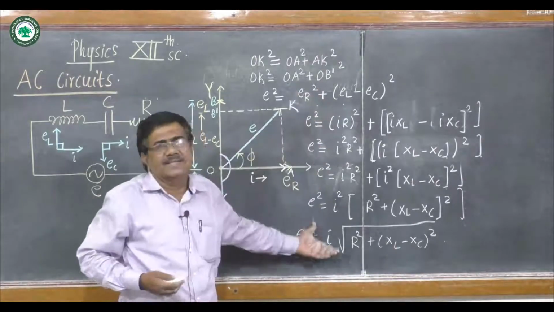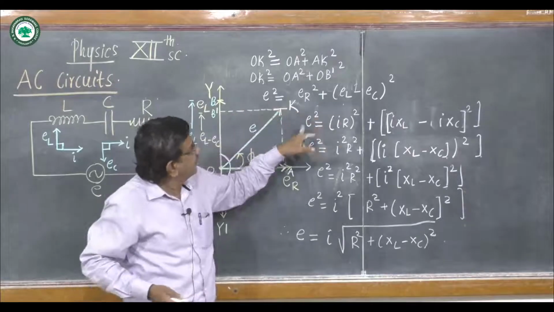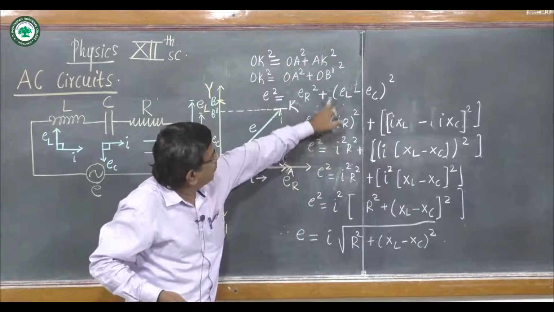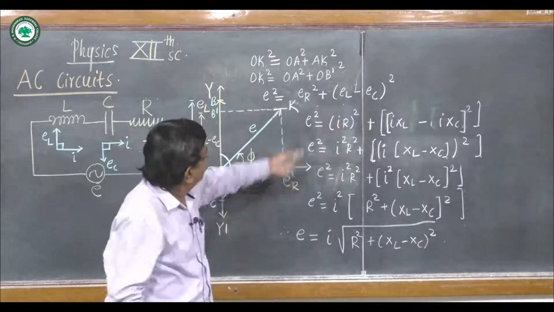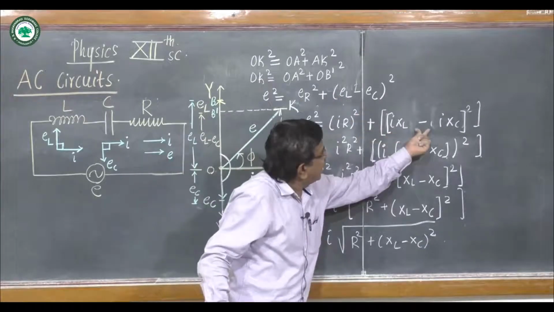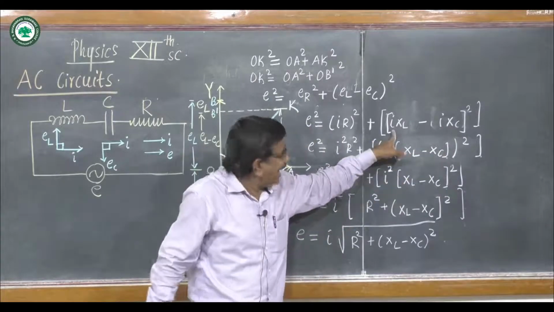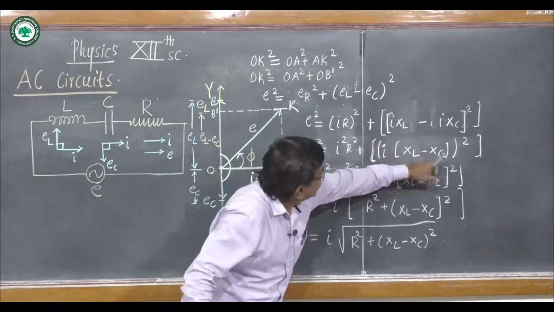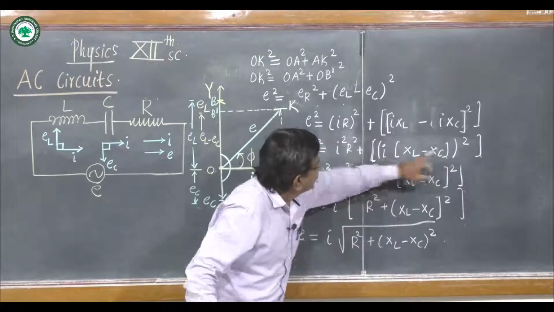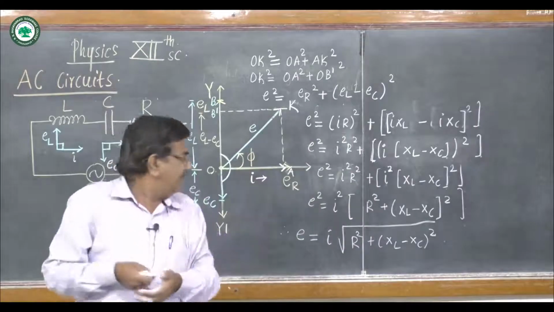See the steps again. By the triangle, E square is ER square plus EL minus EC its square. This ER is IR, and this is IXL minus IXC, bracket square. Take I as common, XL minus XC square, so this is I square, and then XL minus XC its square.